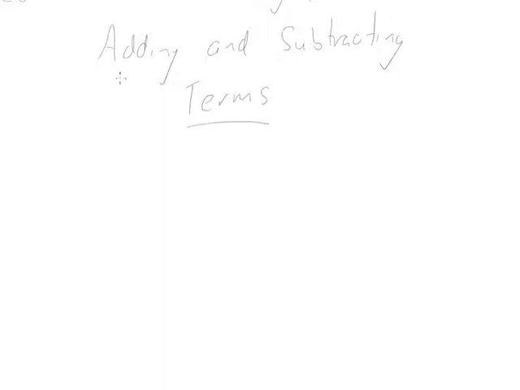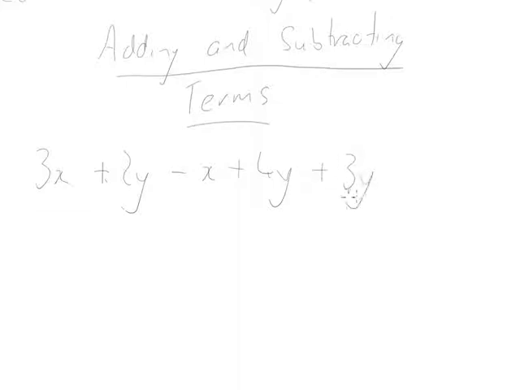Like you might have seen above, when you saw those terms, you might have thought we can actually combine these, particularly the constants. So if I give you an expression like 3x plus 2y minus x plus 4y plus, I don't know, 3y.